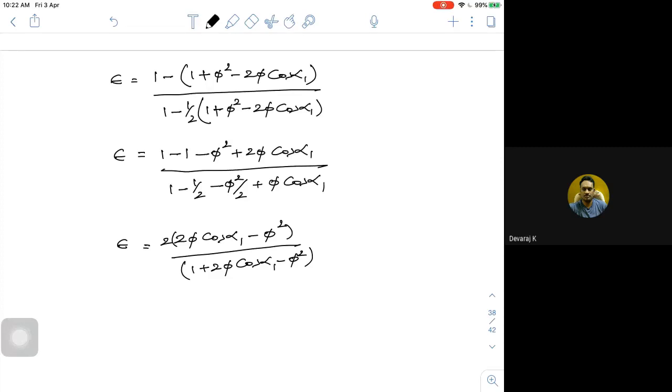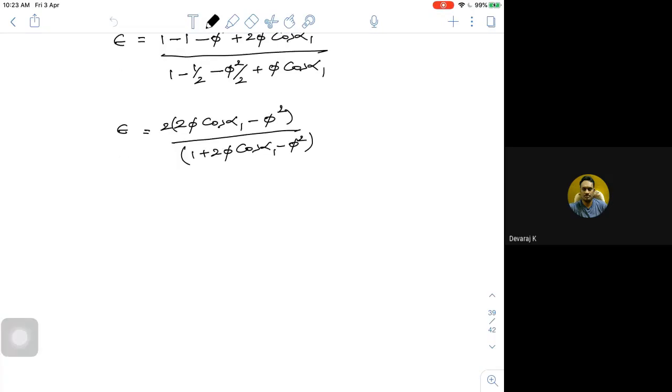If I take this 2 inside, so this will be 2 phi square. So epsilon is equal to, I can write it as 2 into.